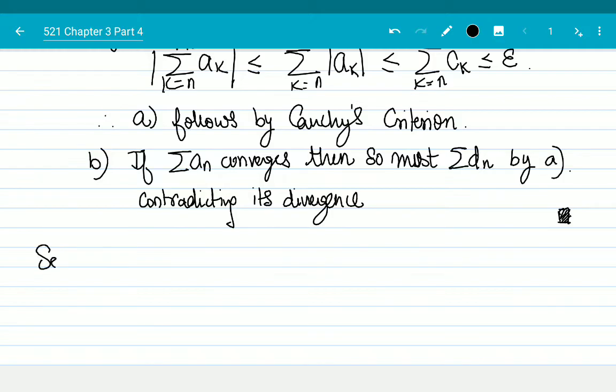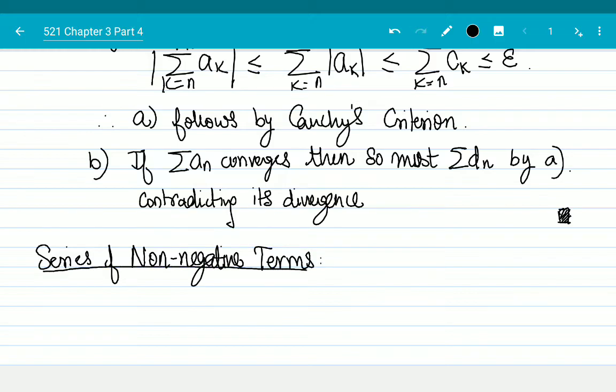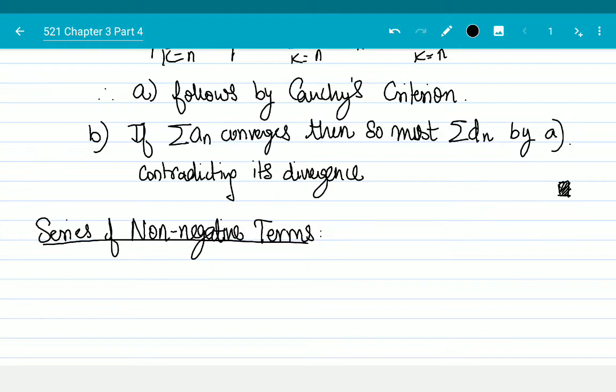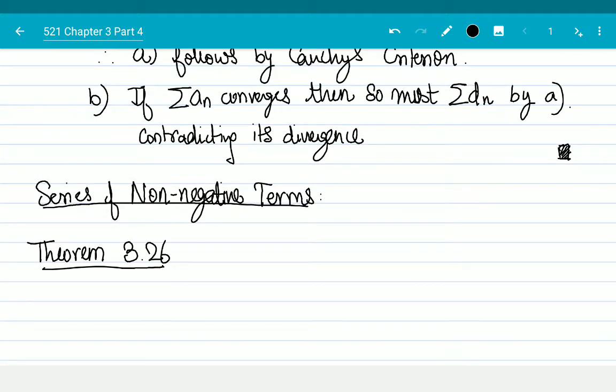So, series of non-negative terms. Theorem 3.26. There are some series which are used extensively, and the easiest one of them is, I think, the geometric series.